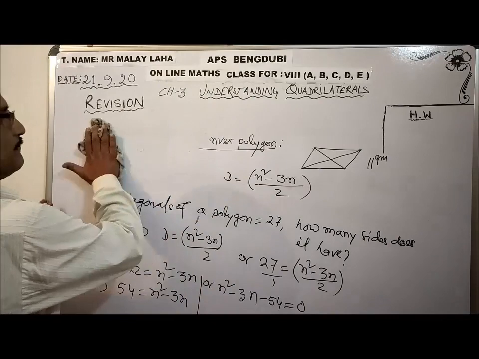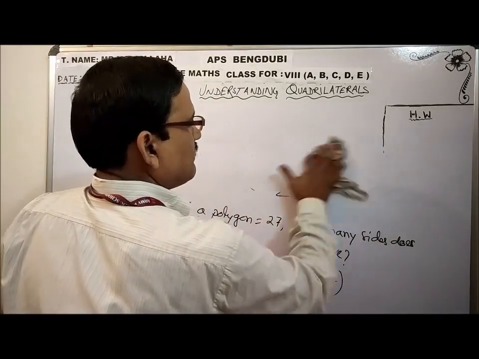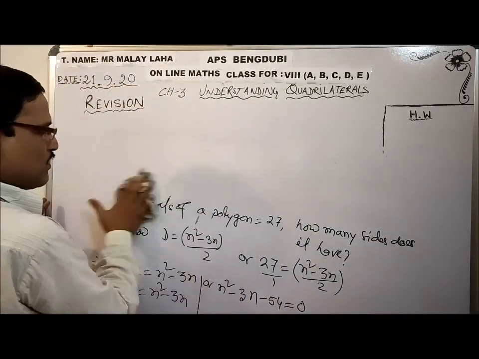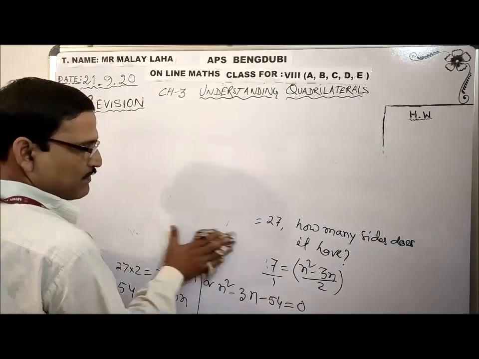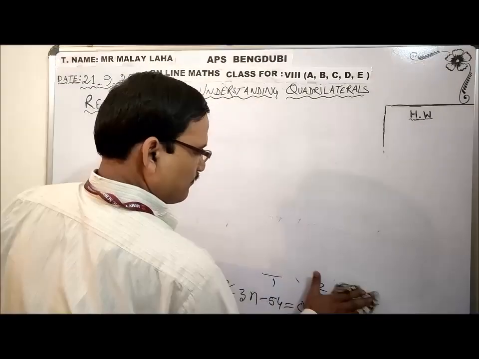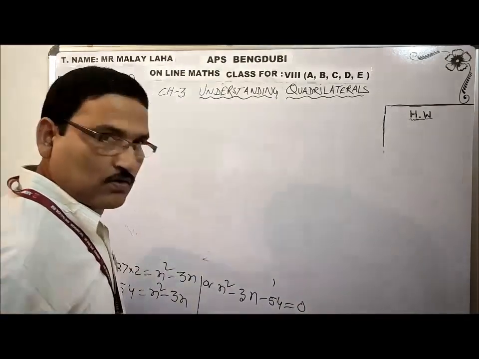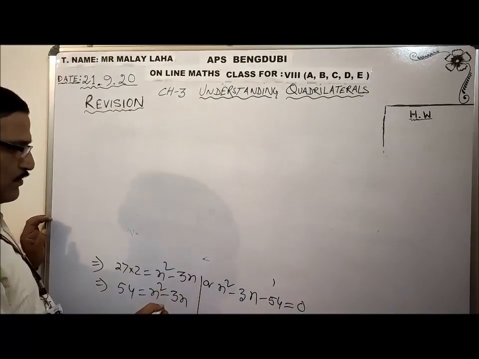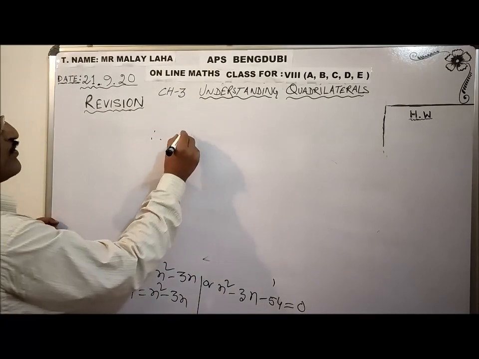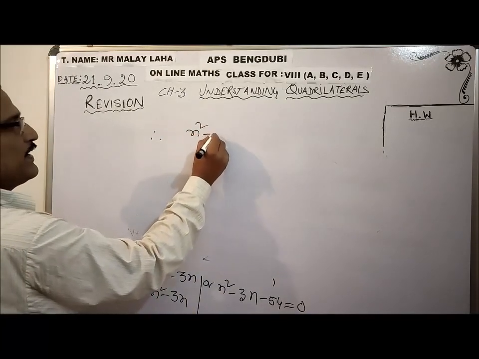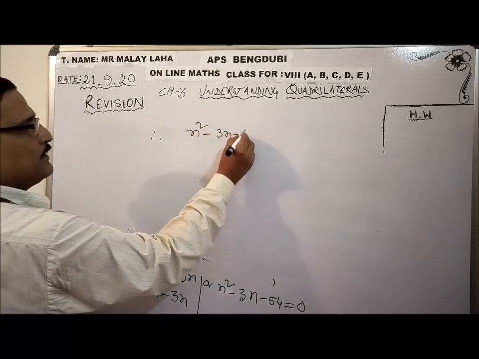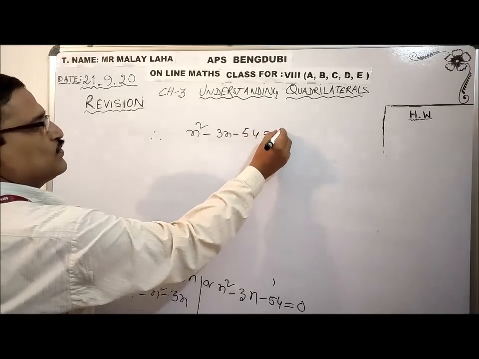Just watch my video, you will come to know how to find the number of sides. I am rubbing it out. I think you have written it. I have given it many times. If not possible, pause the video. It is not Google class, so you can do it afterwards also. Therefore, the main question is n square minus 3n minus 54 equals 0.